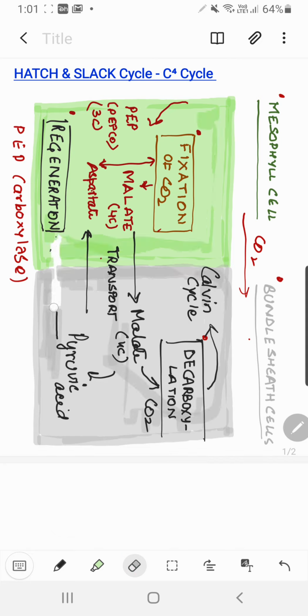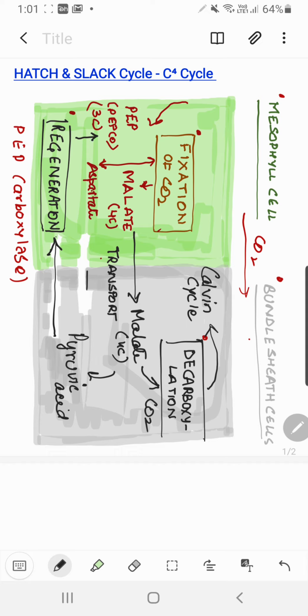So this arrow: pyruvic acid comes back and gets regenerated in the form of PEP, phosphoenol pyruvate.